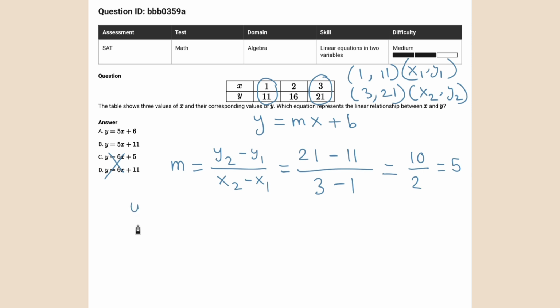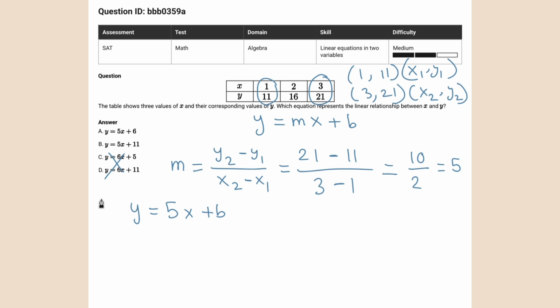So we have y equals, substituting the slope, 5x plus b. Now, how do you find out the y-intercept? Well, maybe I can substitute one of the points in here. Okay, that's easy. So substitute (1, 11). It's the smallest number and it's 1. You can just get the same value.